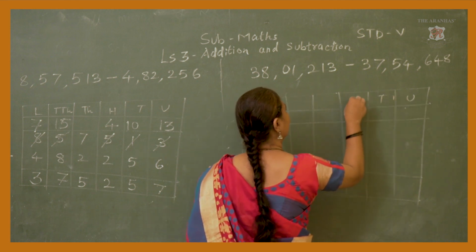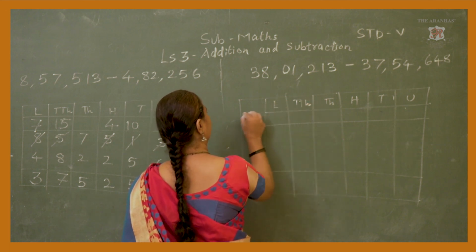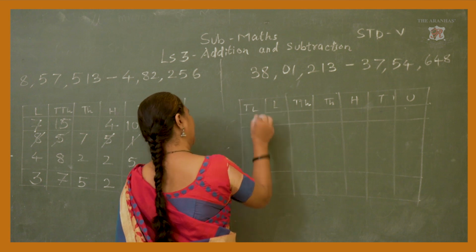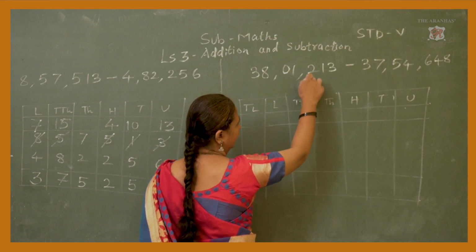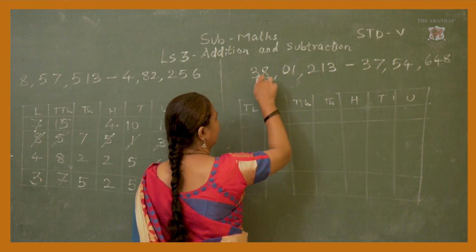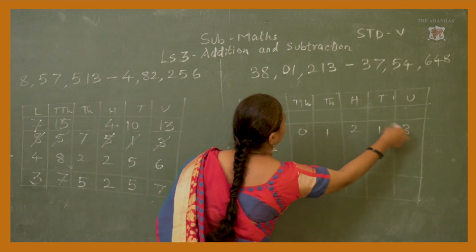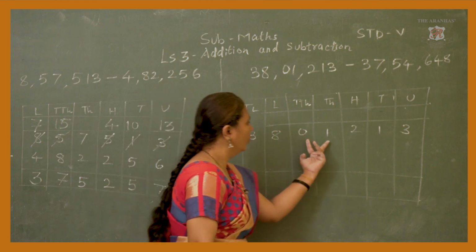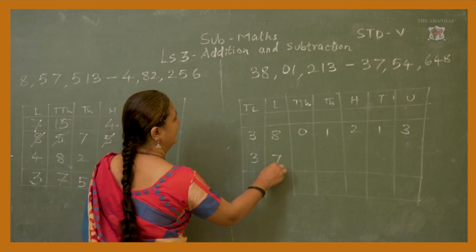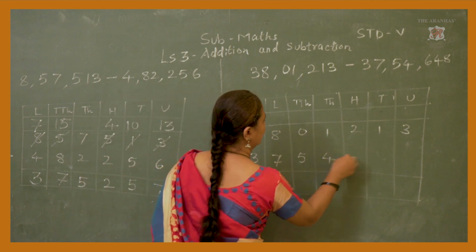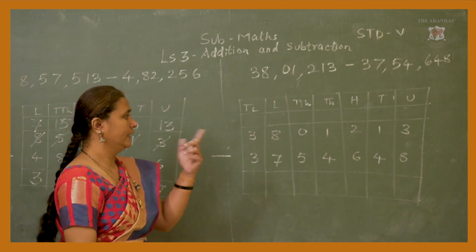Unit, 10, 100, 1000, 10,000, lakh, 10 lakh. Okay, write the number. 38,01,213. So, 38 lakh, 1,213, minus 37 lakh 54,648. Subtract. Again 3 is less than 8.